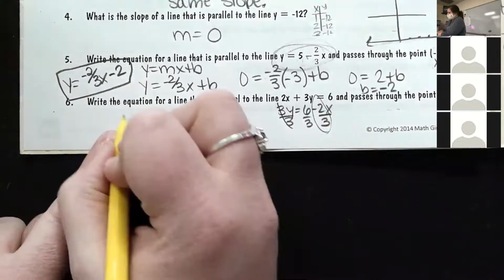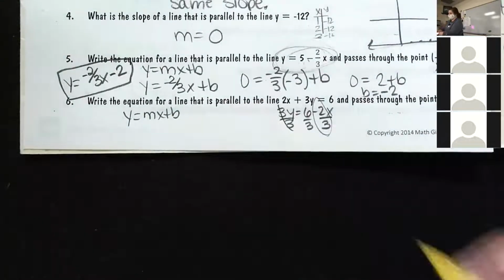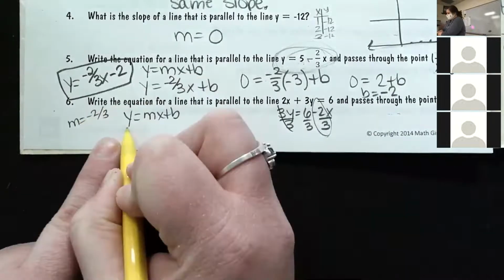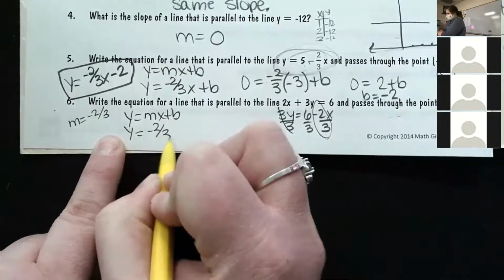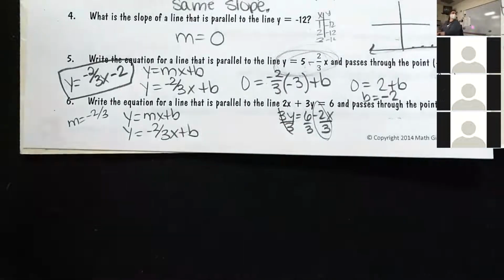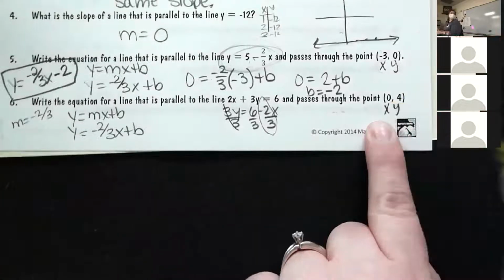-2/3 is that m. So y equals mx plus b. Start with that. I know my m is -2/3, so I'm going to plug that in. y equals -2/3 x plus b. Okay, now what? Use the point, x, y.